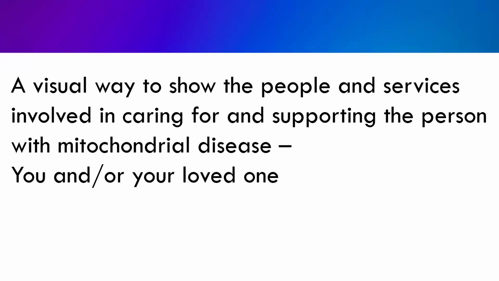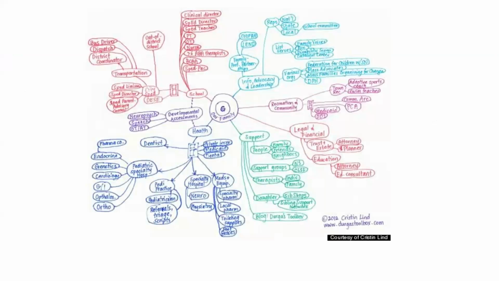Right. And the important thing is that where care mapping started, it really was a caregiver who sat down. It was actually Christy Lind. Her son's name is Gavin. She sat down with a provider that Gavin was seeing and jotted all this down on a piece of paper just to show all of the different services and systems that they were involved with and that they interact with.